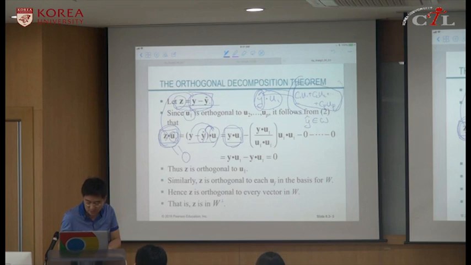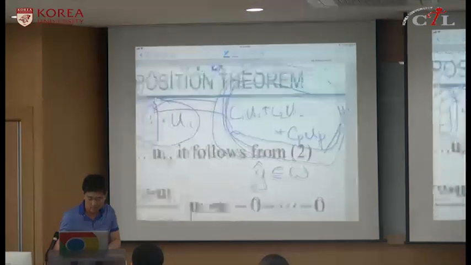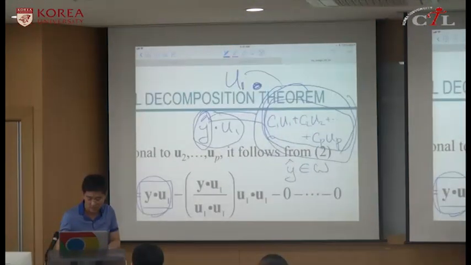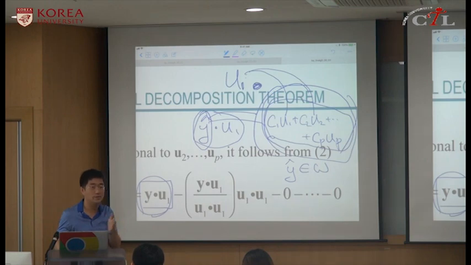So let's think of the inner product of u1 with this linear combination. This term will have some non-zero value, but the inner product between u1 and u2 will be just 0, right? They will just become 0.